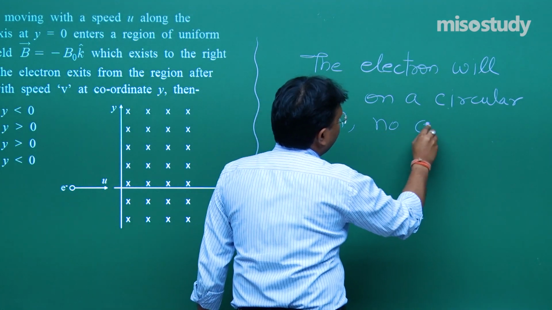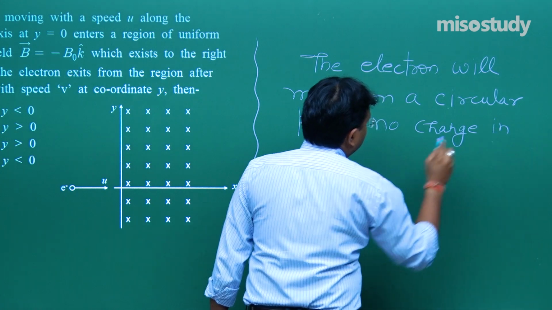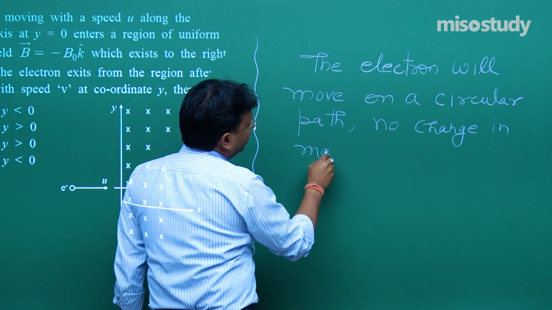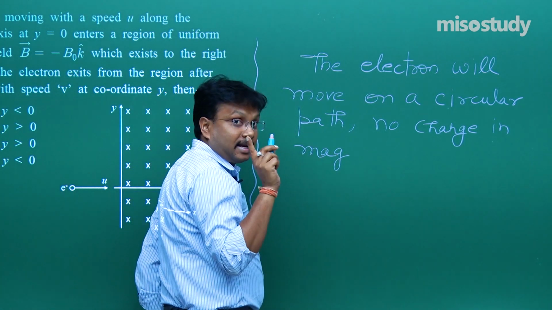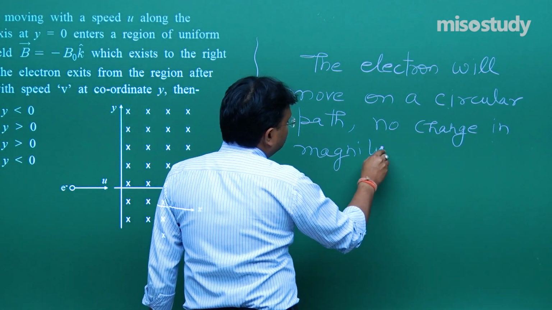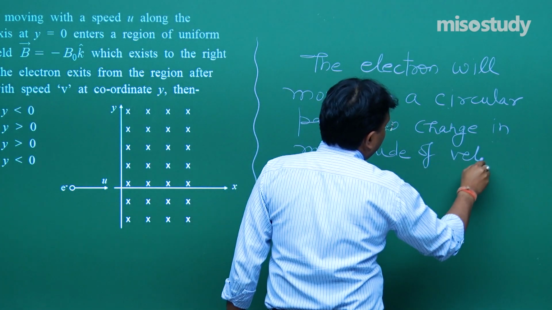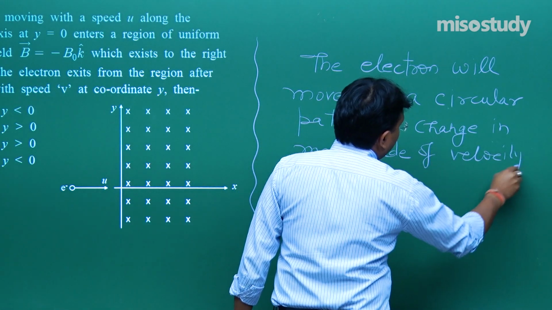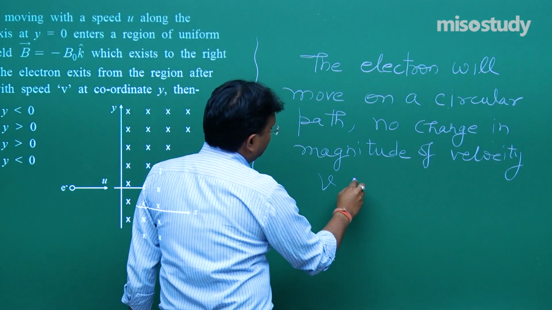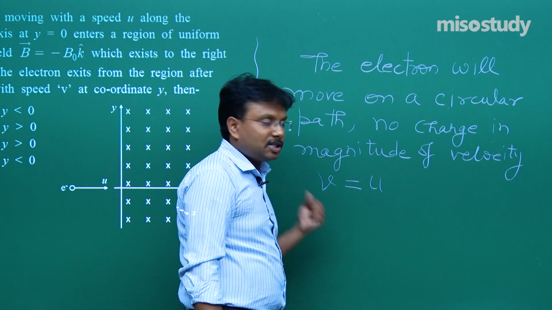No change in magnitude, I am not saying direction, direction will change, no change in magnitude of velocity. Fine. So, v is equal to u. Basically, only direction is changing.